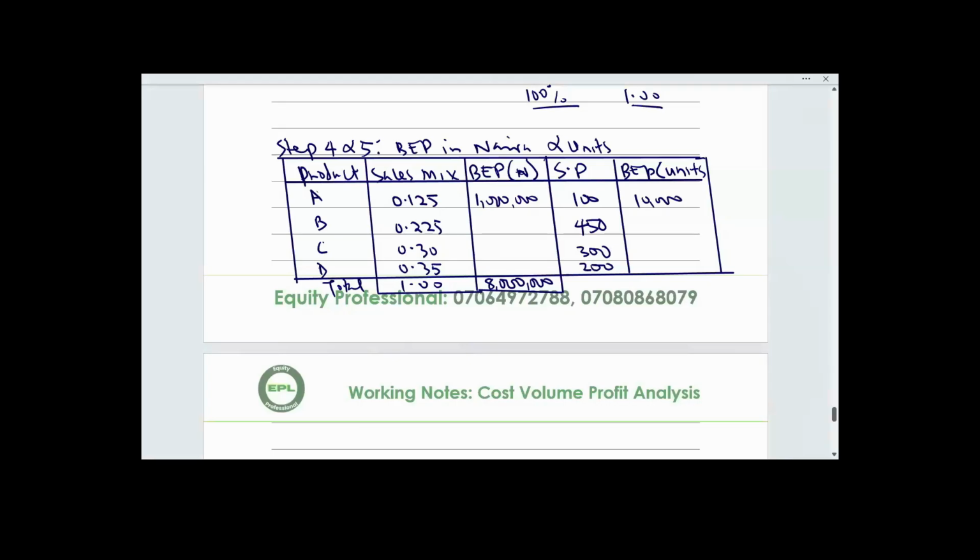Then 8 million Naira multiplied by 0.225 equals 1,800,000, divided by 450 equals 4,000 units.